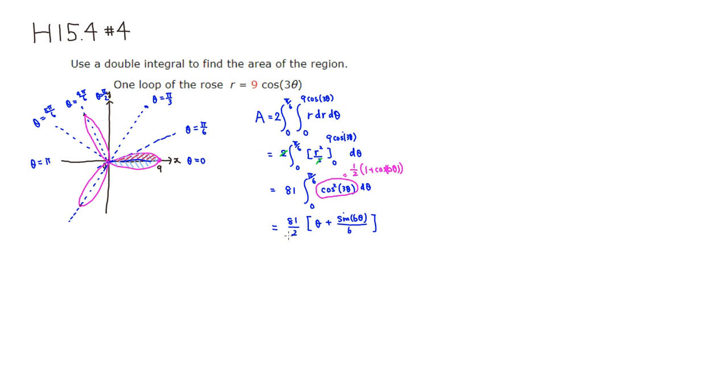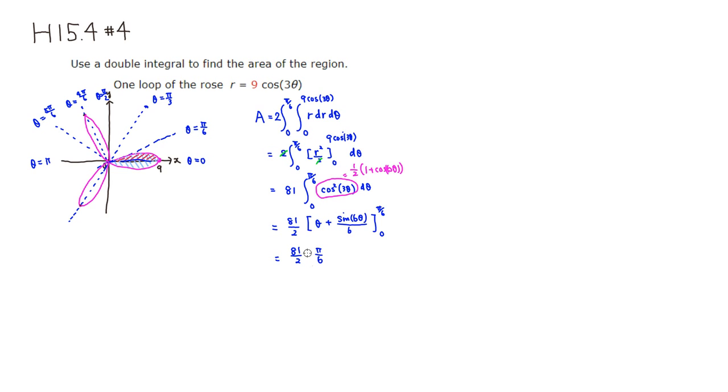And then we're going from 0 to pi over 6. All right, so we have 81 over 2 and plug in pi over 6. If you plug in pi over 6, 6 pi over 6 is going to be pi. Sine of pi is 0, so that's 0. Then if you plug in 0 there, sine of 0 is 0. So you only get just this, all right?